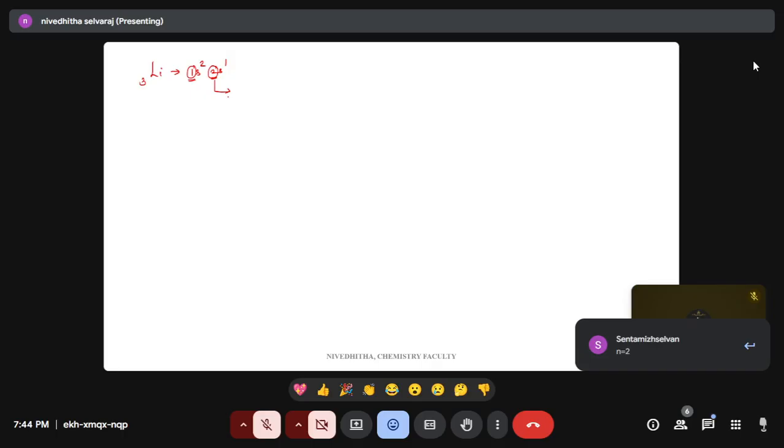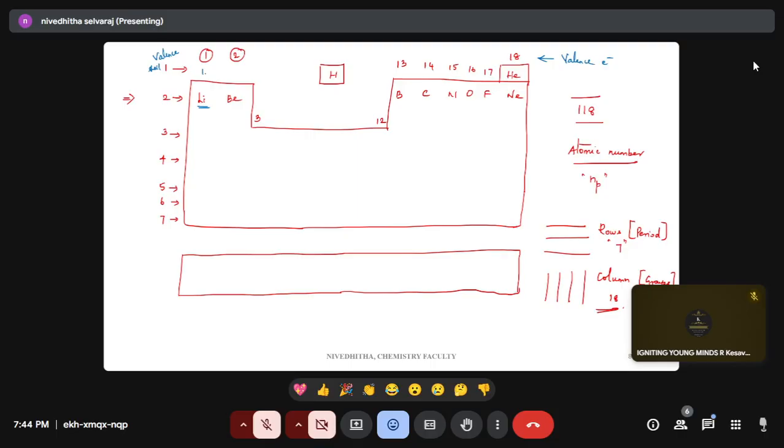And as I've told you already, group number represents valency electrons. So group 1 elements will have only one electron in their valency shell, and second group elements will have two electrons. And 13th group elements will have three electrons in their valency shell. In 13, this is the number which is in the ones place, right? So three electrons will be in the valency shell.